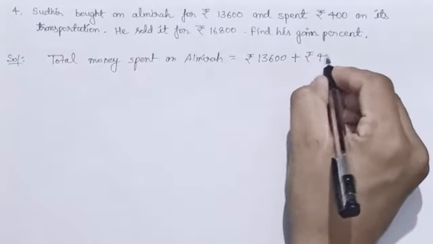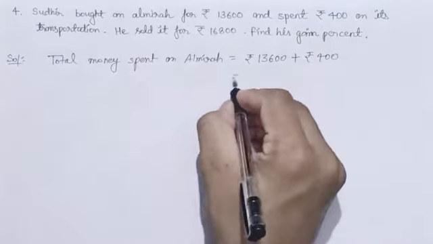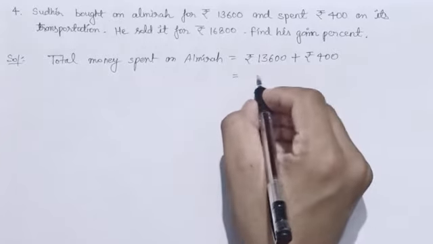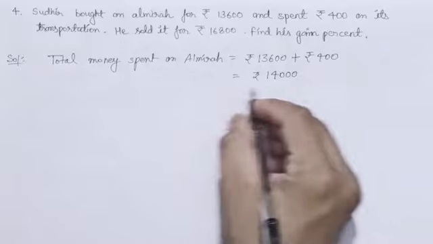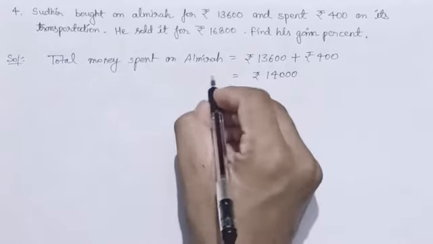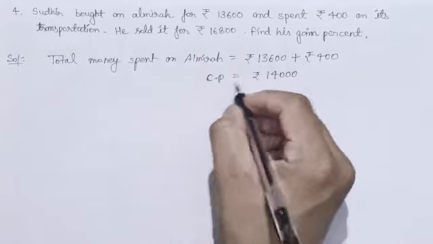So it is equal to 13,600 plus 400, which is rupees 14,000. So we can say this is the cost price of the almirah.